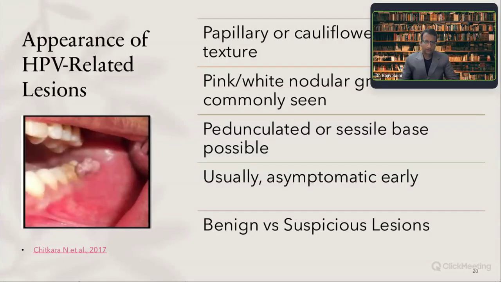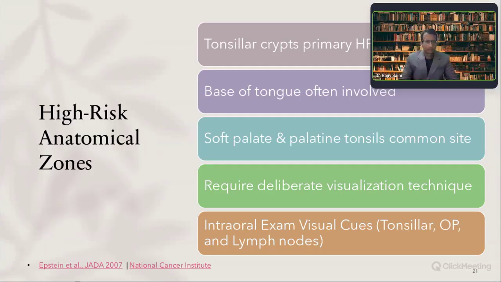Let's shift our focus to high-risk anatomical regions in the oropharyngeal area. So let's discuss what the high-risk sites are. Tonsillar crypts and the base of the tongue are common origins.